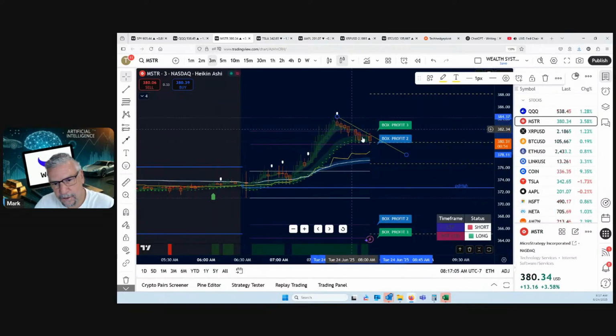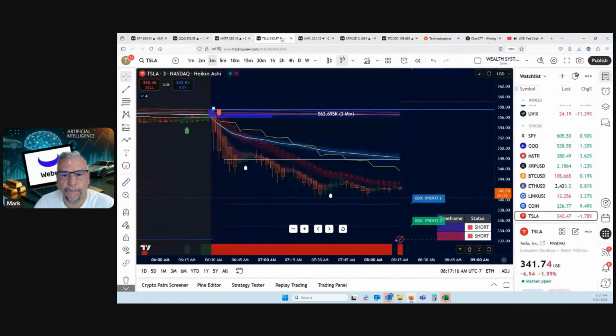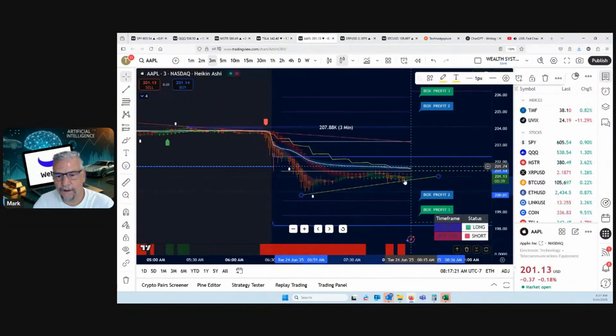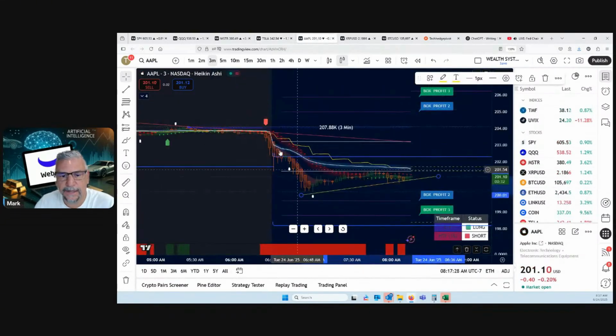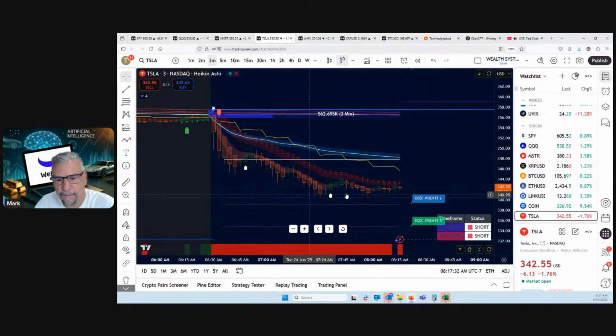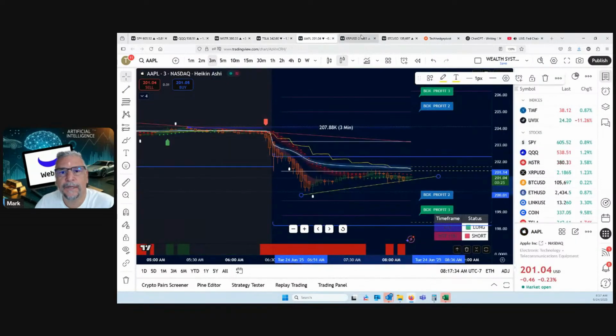MSTR still in consolidation right at the dots, getting close to retesting the 15 trend line. Waiting for a momentum change on Apple, Tesla. Looks like they hit some bottoms and they're holding pretty strong. We're waiting for a positive momentum shift in those two.